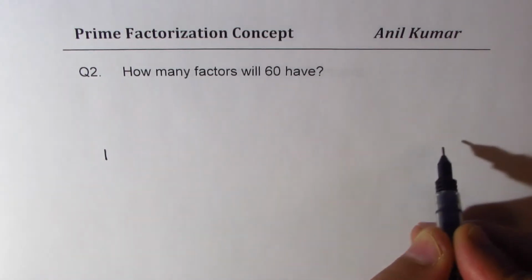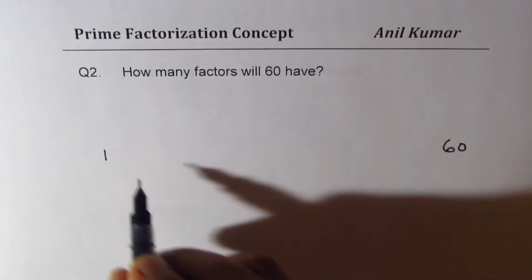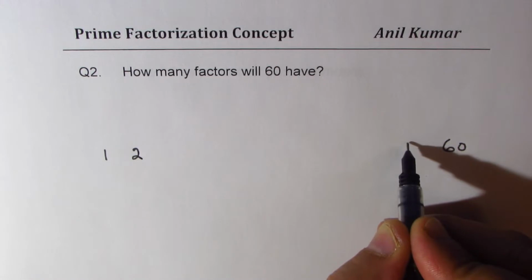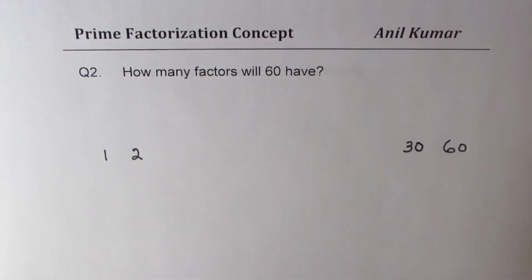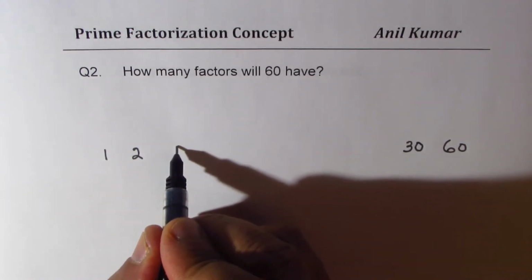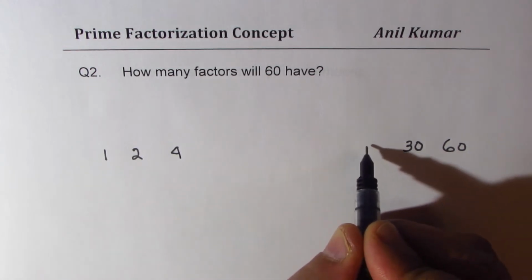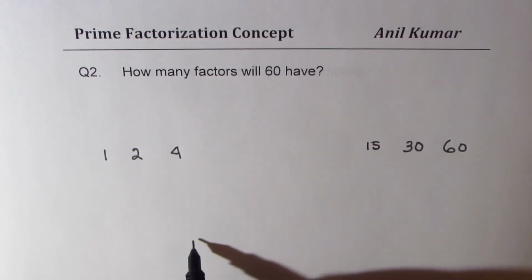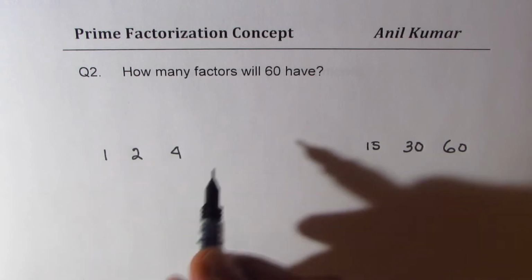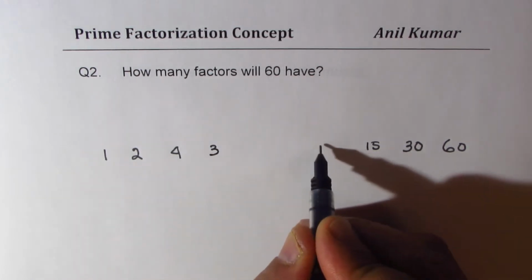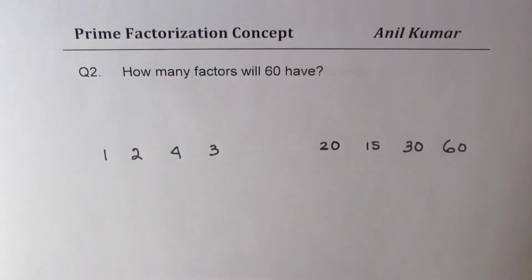We know 1 times 60 is 60, and 2 times 30 is 60. We can still divide this by 2, so we get 4 times 15 as 60. In between we missed 3, right? I should have written 3 times 20 is also 60.